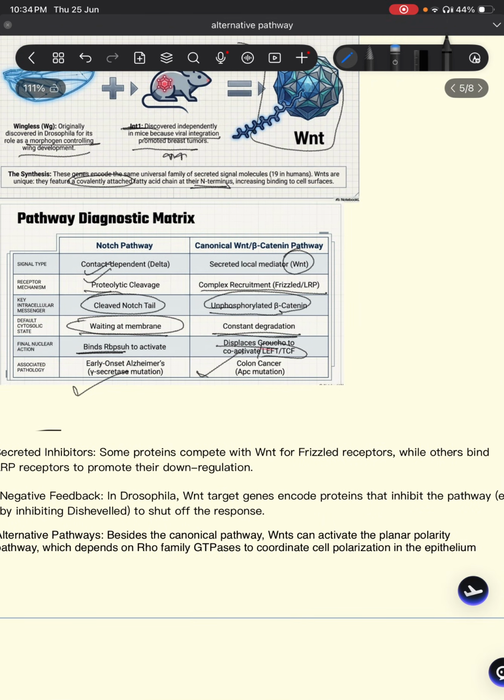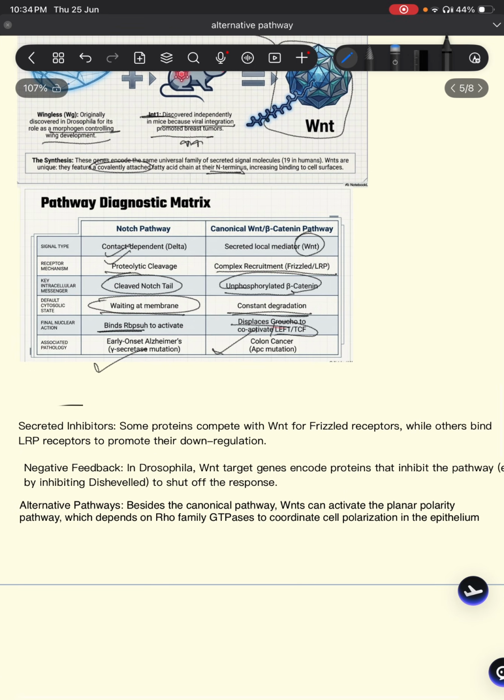Now, there are certain inhibitors, right? There are some proteins that act by competitive inhibition, in that instead of Wnt, something else will bind on LRP. So there won't be any Wnt signal, right? Therefore, beta catenin will be destroyed and the transcription will remain switched off.